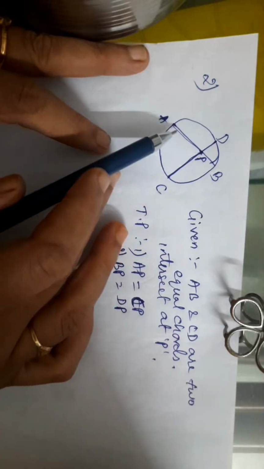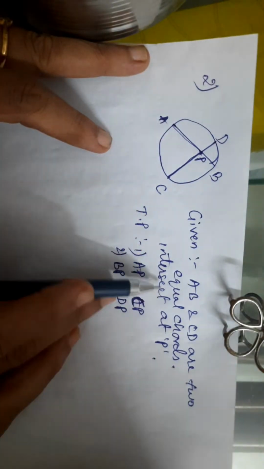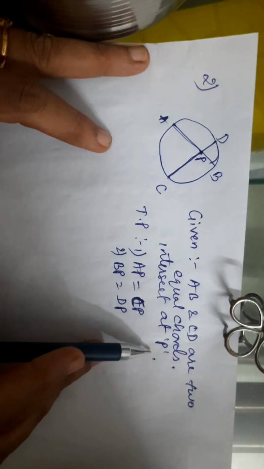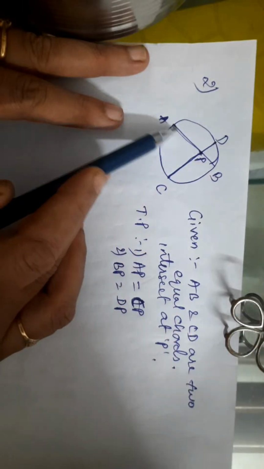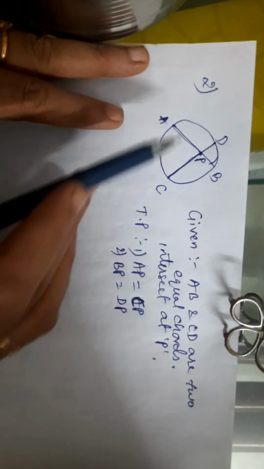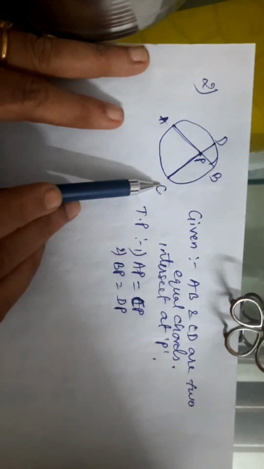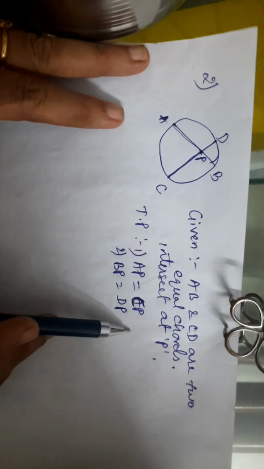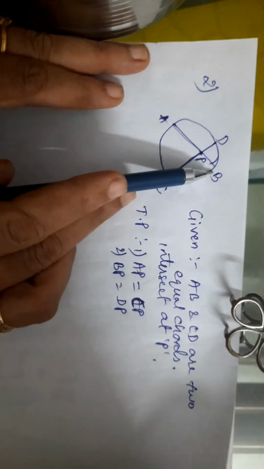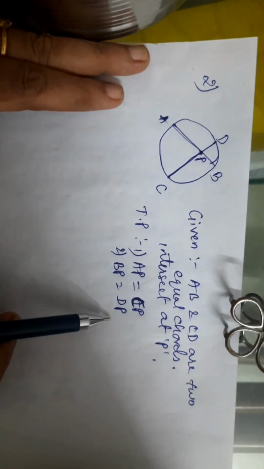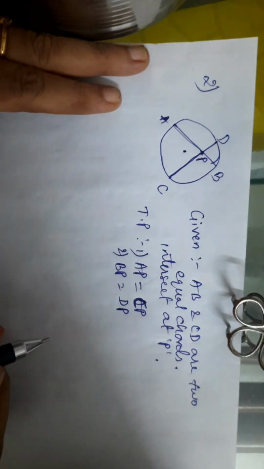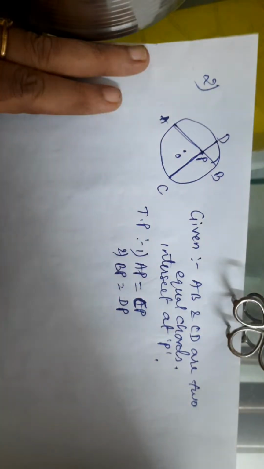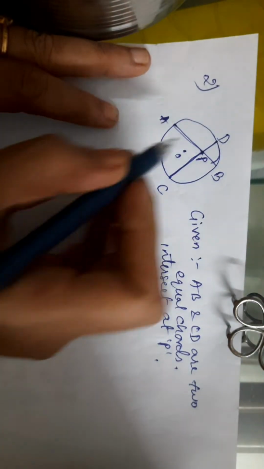Here it is given AB and CD are two equal chords of the circle which intersect within the circle at P. We need to prove that AP equals CP, and in the same way DP and BP are equal. So let's start. For this we need some construction. Let the center of the circle be O. We construct perpendiculars on both the chords.